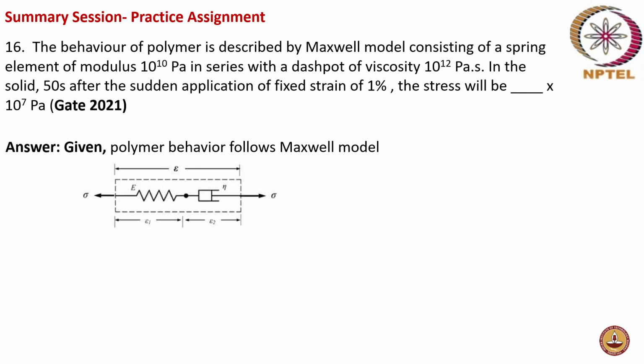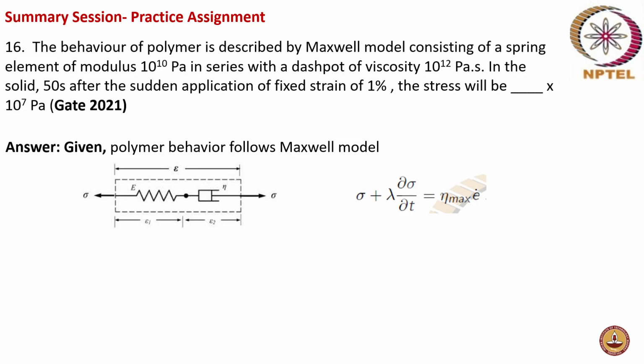In series, it is the stress which is constant, because the spring can have its own strain and expand to its possible extent, and similarly the dashpot has its own strain. So your strain actually varies between the spring and dashpot when they are connected in series.